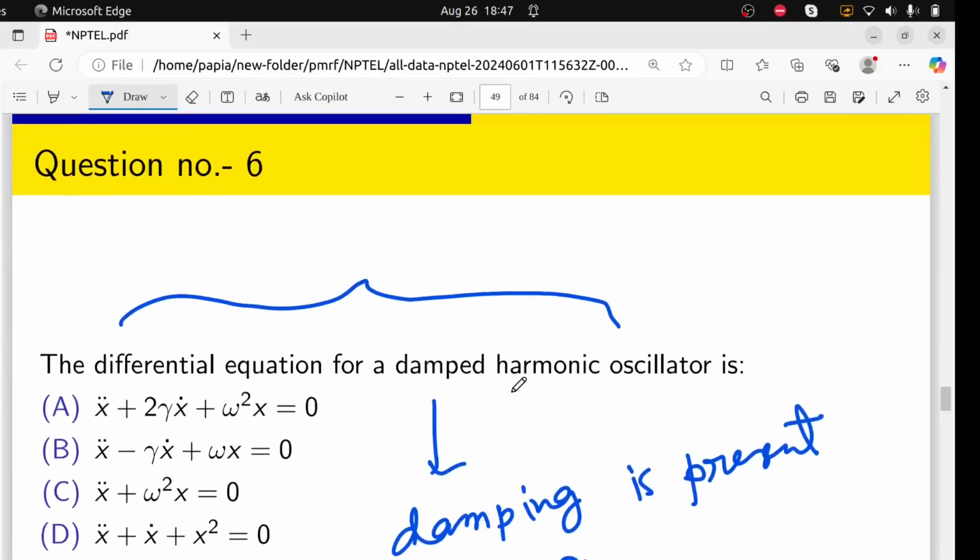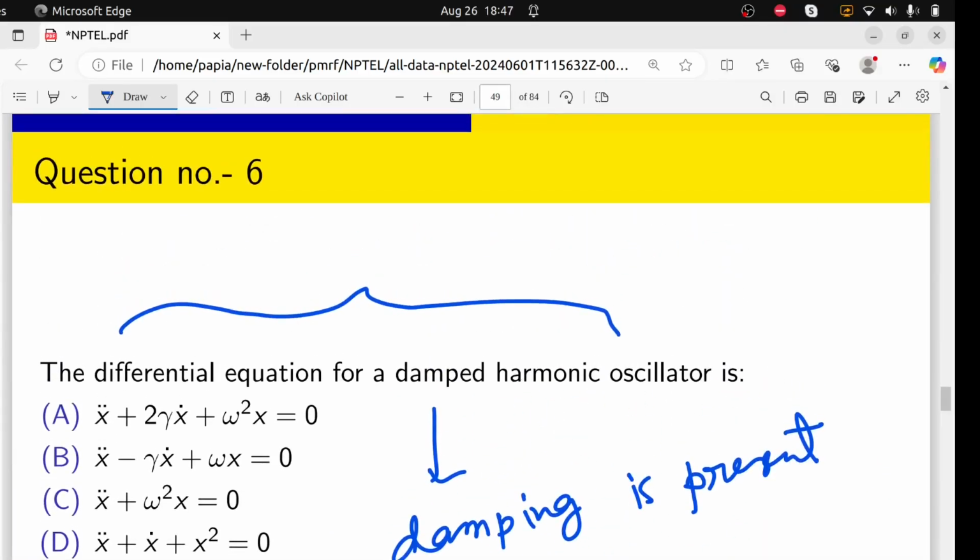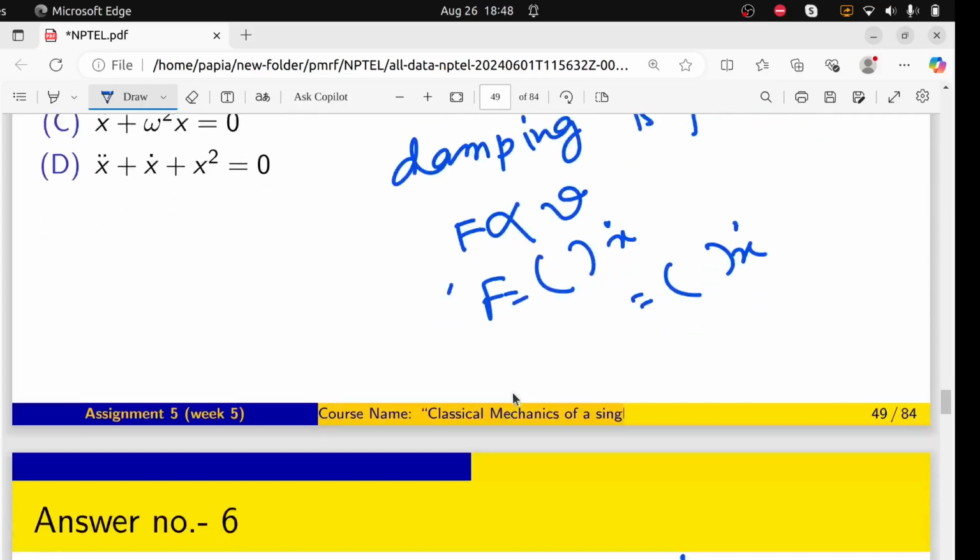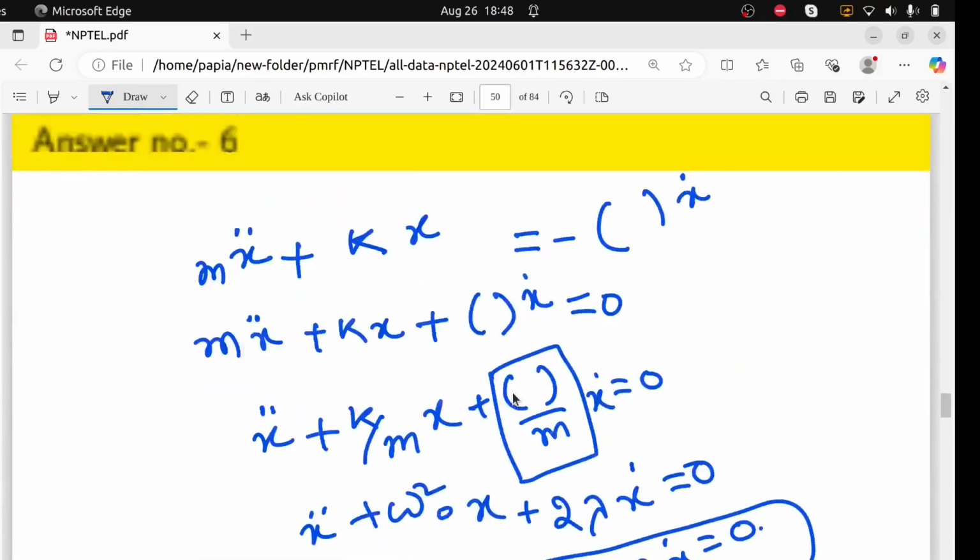Now let me come to the option. See, x double dot plus 2 lambda x dot plus omega square x equals 0. Obviously, it is not mentioning omega 0 square, but that does not matter because if I write omega square or omega 0 square, that is not a big problem. And if the question is given as gamma, that is also fine. We can write it as gamma as well.